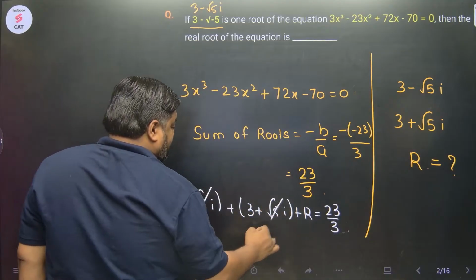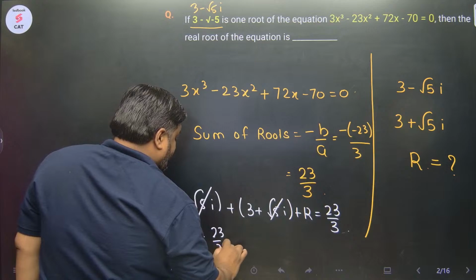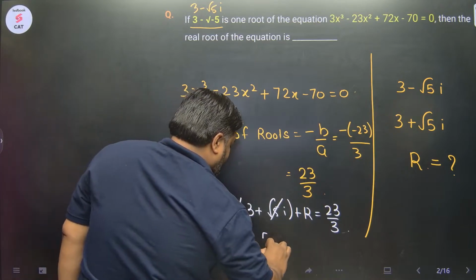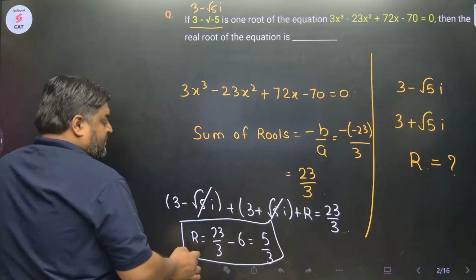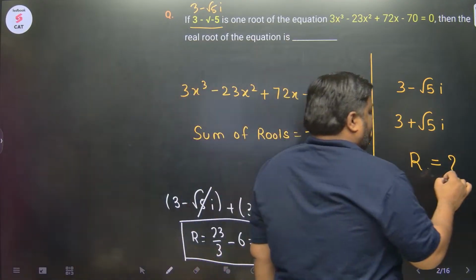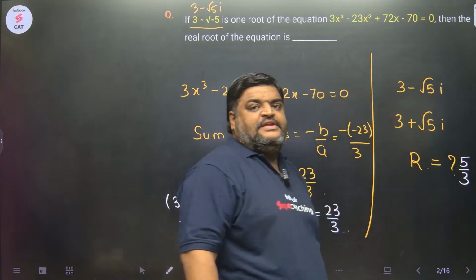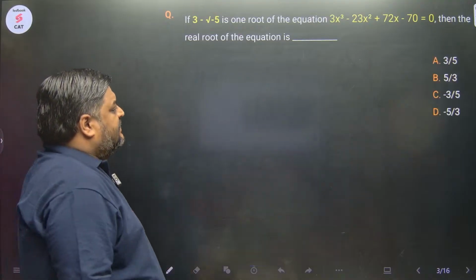This and this cancel out. R is 23 by 3 minus 6. So this is how much? 5 by 3. So the third root is 5 by 3. Not 5, but 5 by 3.